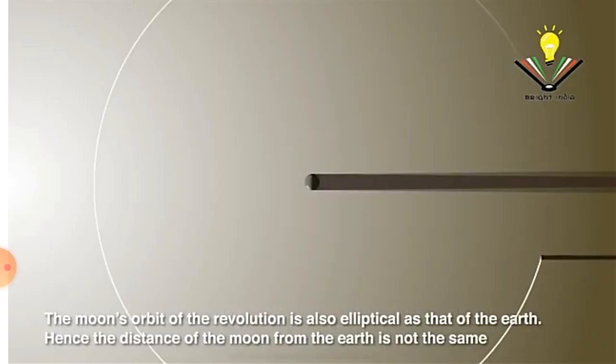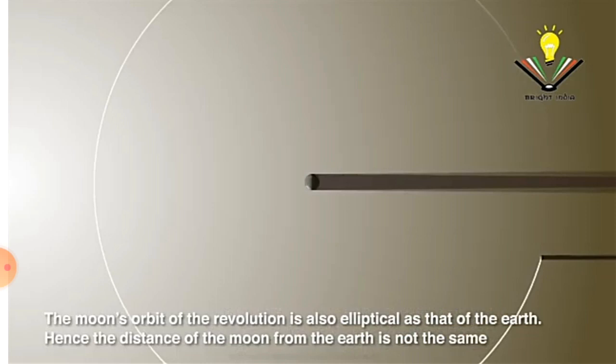Dear students, geographical explanation. The moon's orbit of the revolution is also elliptic as that of the earth.